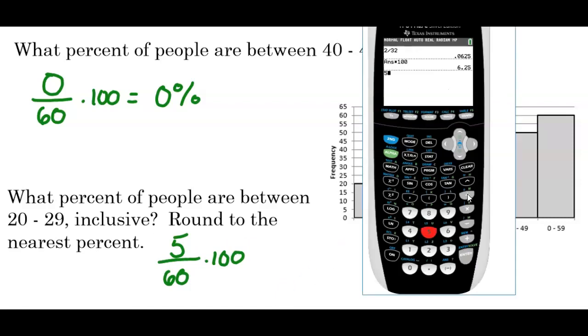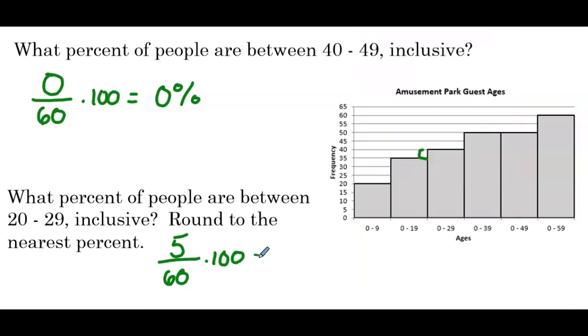So 5 divided by 60 times 100. So that's 8.3 repeating. And they told us to round to the nearest percent, so that's about 8%. So about 8% of people at the amusement park are in this age range.